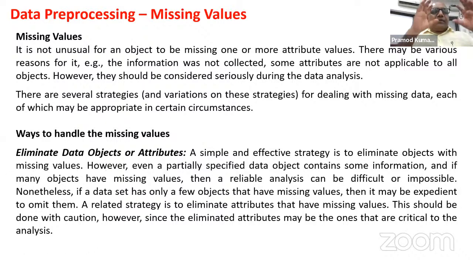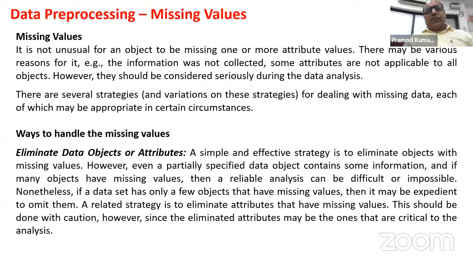Suppose there are very few data objects which have missing values, so you can remove those data objects altogether very easily without any disturbance. Suppose I have a data set which consists of say 1000 data objects. Out of the 1000, there are hardly 30 or 40 objects where, for some attributes, the values are missing.